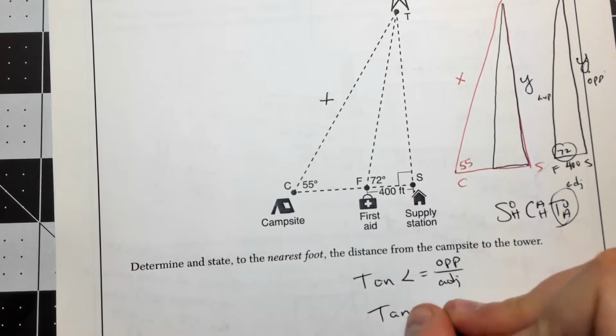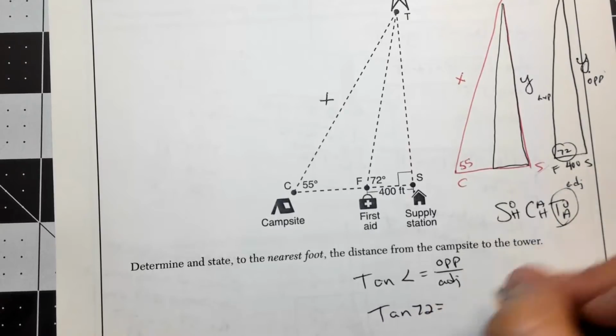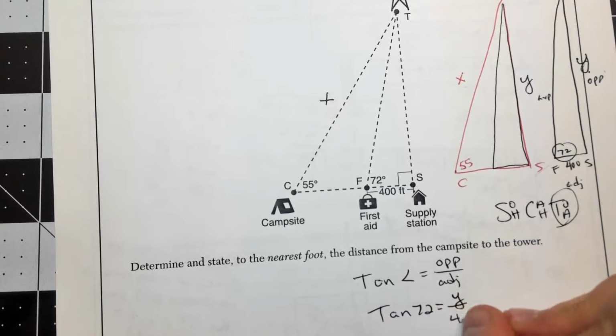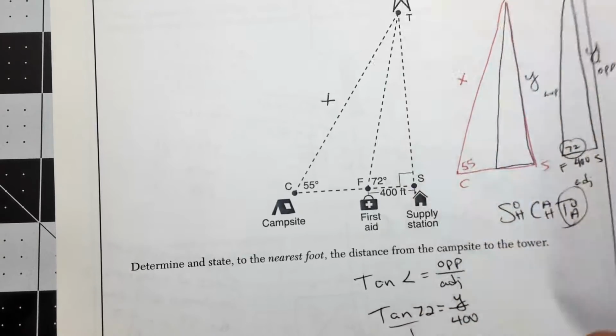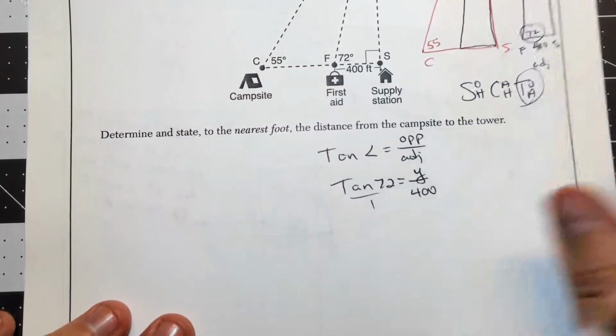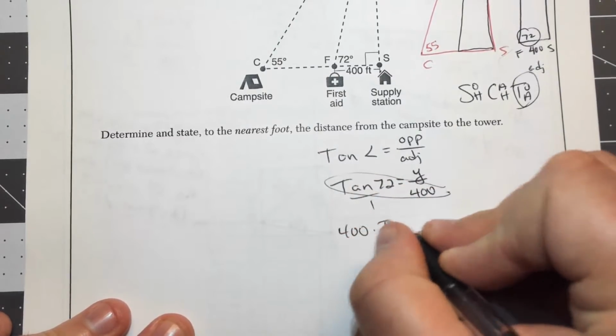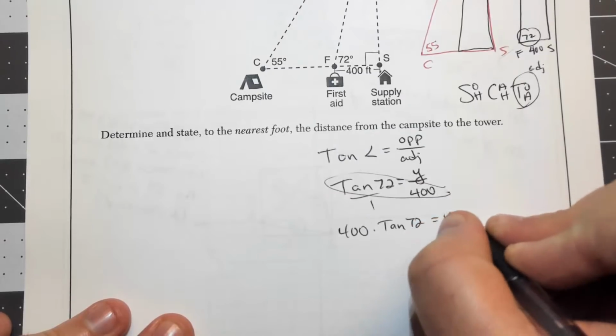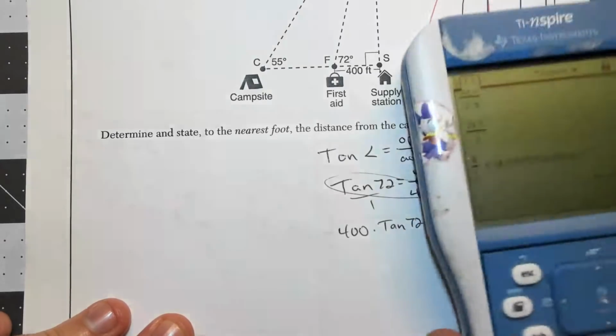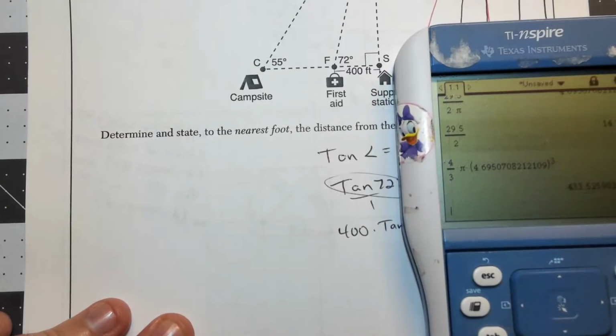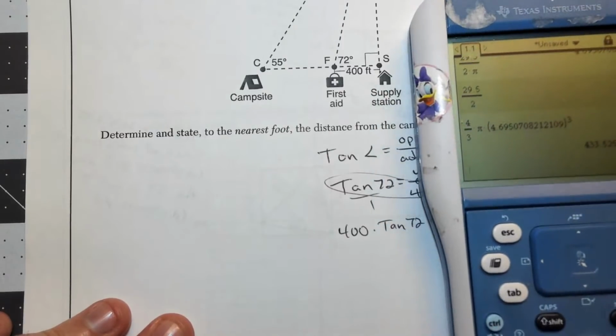So the tangent of 72 is equal to y over 400. And then we're going to cross multiply. Remember, when you're looking for a side, you cross multiply. So 400 times the tangent of 72 is equal to y. Now remember, it says nearest foot. No rounding, people, until we get all the way done.